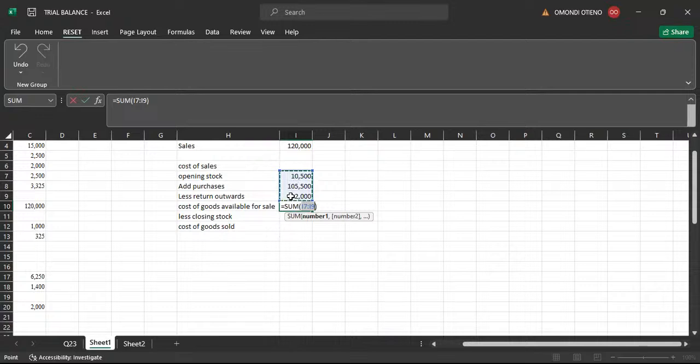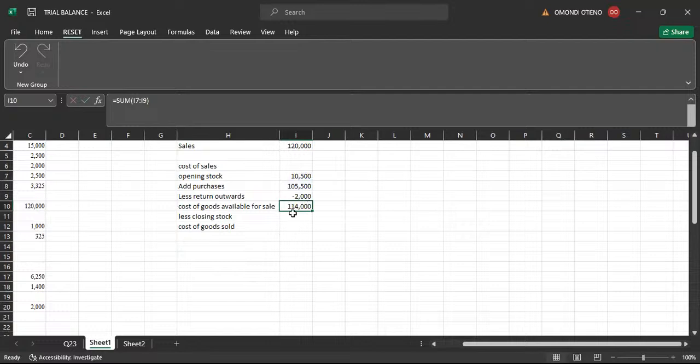Of course, this one here is 116,000 minus 2,000, I expect to have 114,000. That is the cost of goods available for sale.